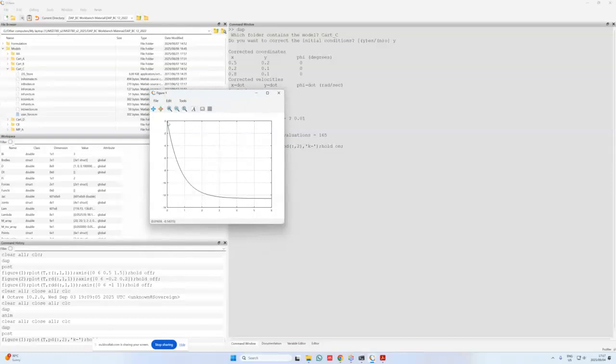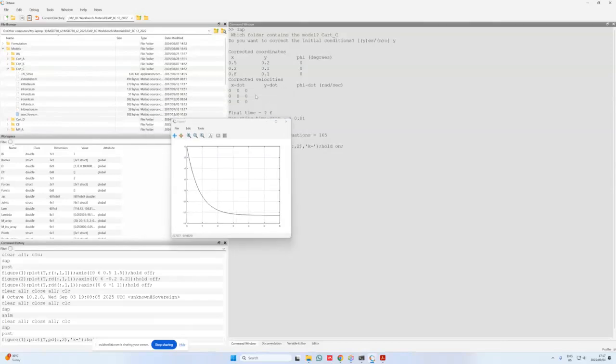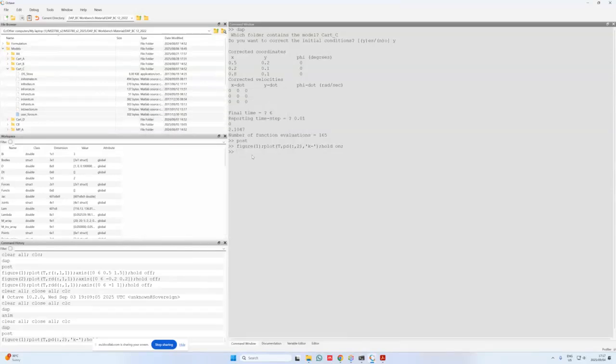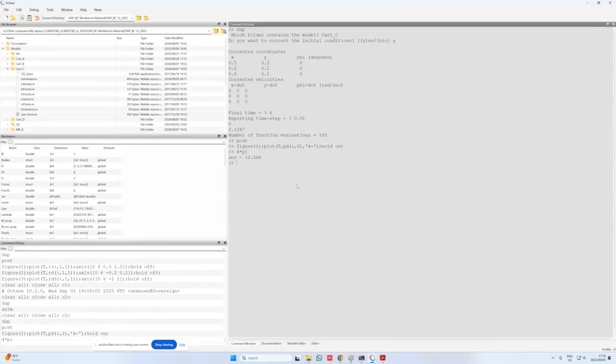So the angular velocity of the wheel then ranges from 0 to just below minus 12 radians per second. And it actually plateaus out over here after about 4 or so seconds to a value which is minus 12 point, it looks like minus 12.5758 perhaps. Now if I go over here and I just type in 4 times pi, then you'll see that's about 12.57 that I get over there.